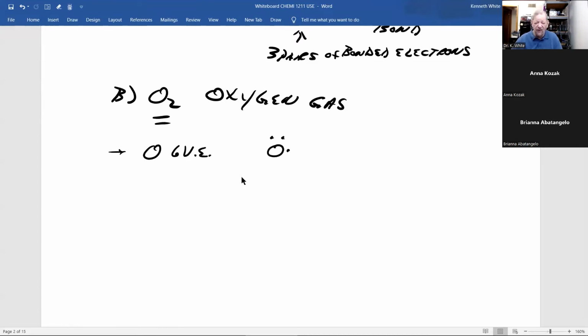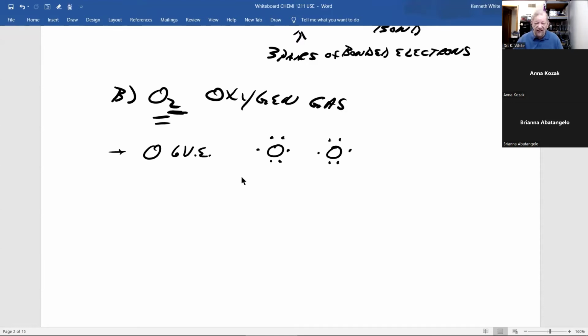So I'm going to draw the Lewis structure for each of the 2 oxygen atoms. And here they are. Remember, for elements, you draw 1 dot on each side before doubling up.